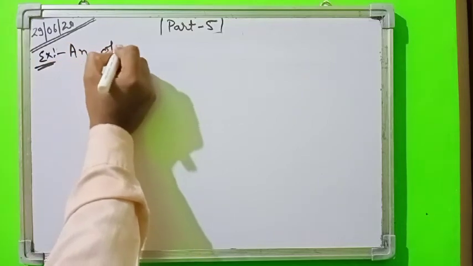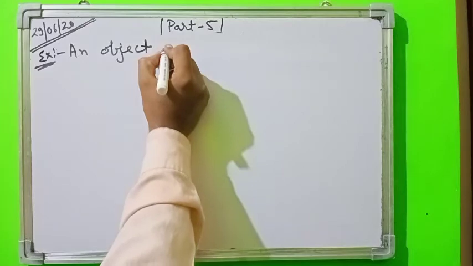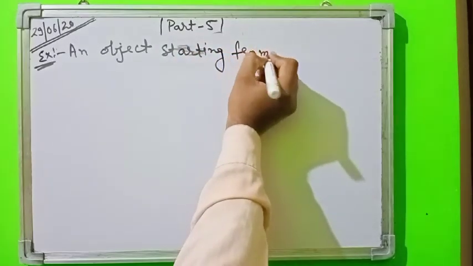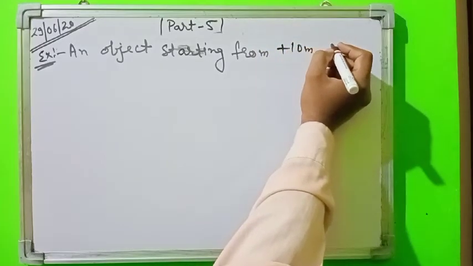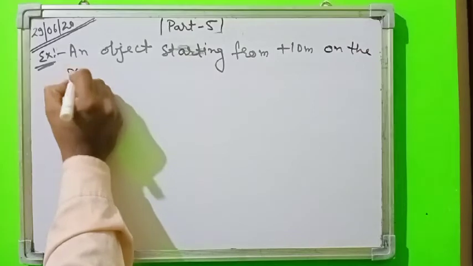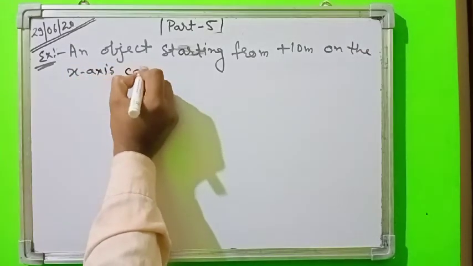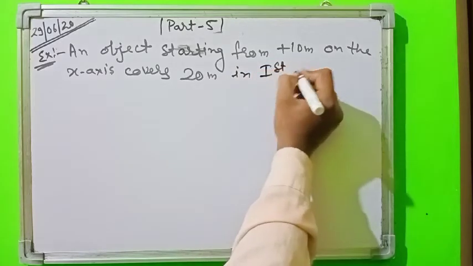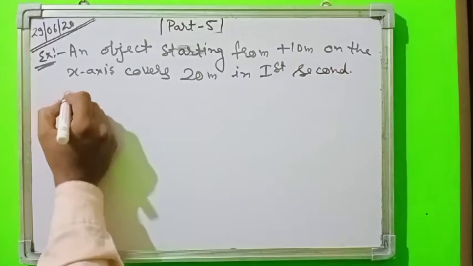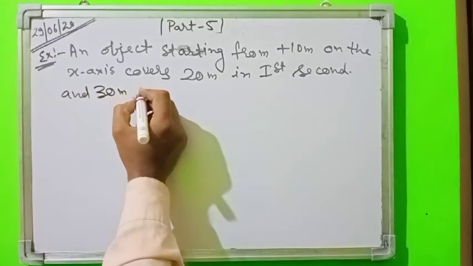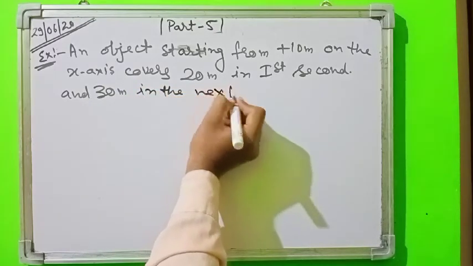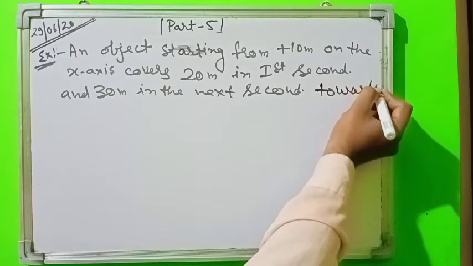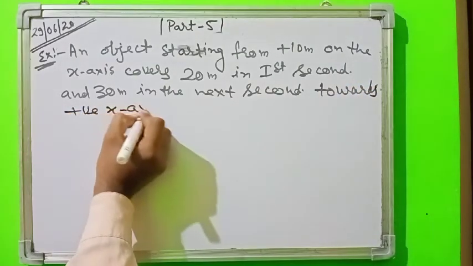An object starting from plus 10 meter on the x-axis covers 20 meter in the first second and 30 meter in the next second towards the positive x-axis.